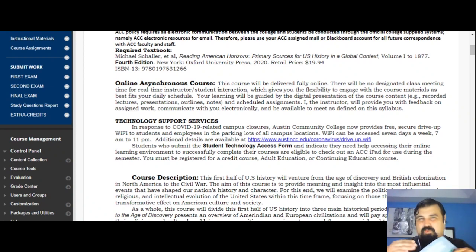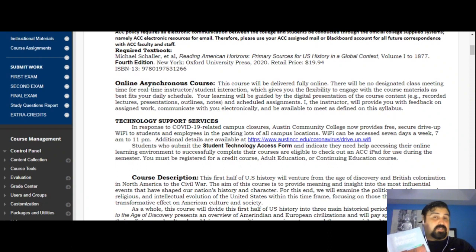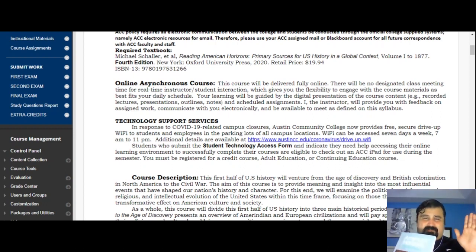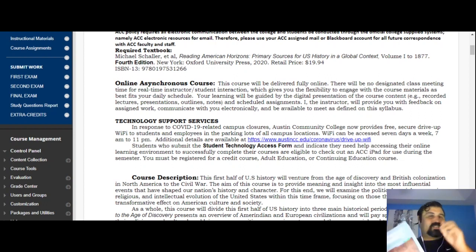You shouldn't have any problems locating this book, because as far as I know, it's offered at the ACC bookstores. It should be there. I received confirmation. But if you just want to make sure you're getting the exact textbook that is required for this class, the 4th edition, I provided, of course, the ISBN number there as well, so you get the exact edition, the exact text that is required.